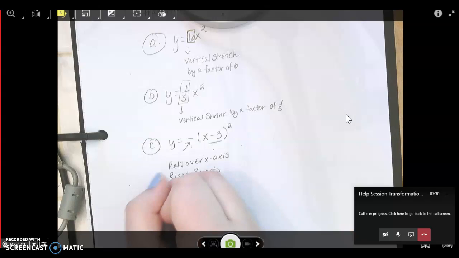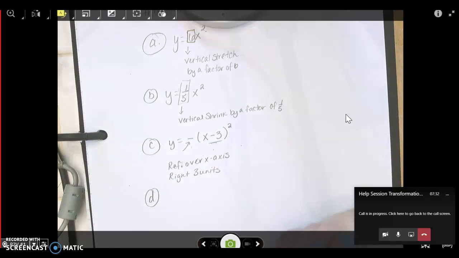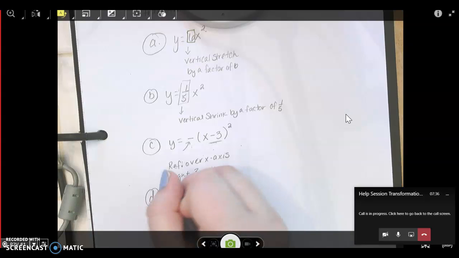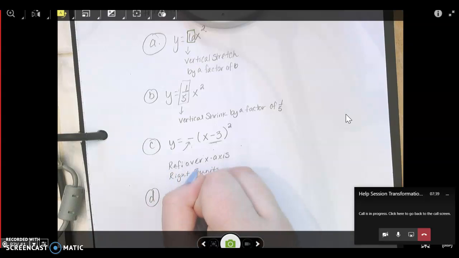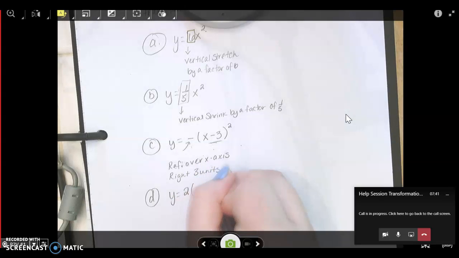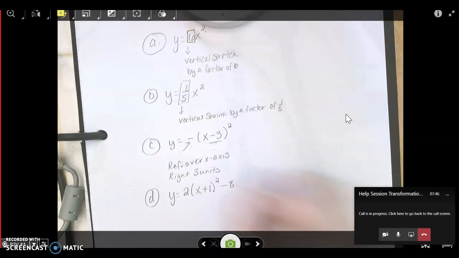Okay, and then lastly, we have letter D. Letter D said y equals 2 times x plus 1 in parentheses squared minus 8. So you're going to have 3 different transformations going on here, 3 different things that are different from y equals x squared, the parent function. You have this 2 in front, you have this plus 1 in parentheses, and you have this minus 8 at the end.